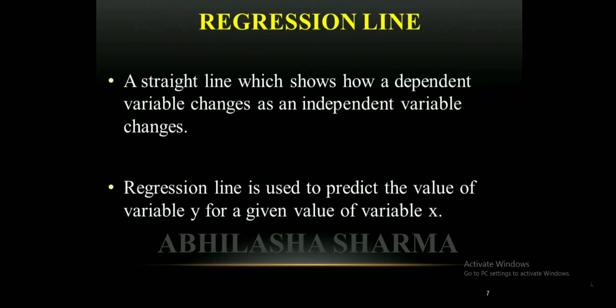The most commonly used term in regression analysis is regression line. A regression line is a straight line which shows how a dependent variable changes as an independent variable changes.